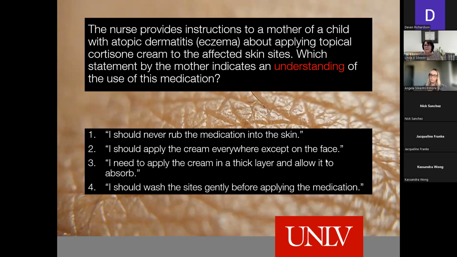Are we timing the responses? It's up to you, Dr. Silvestri, and what you want to do. You can tell me when to call it. I usually just do roughly 10 to 15 seconds. I kind of just watch them come in, and when I get to about 40 is usually when I do it.